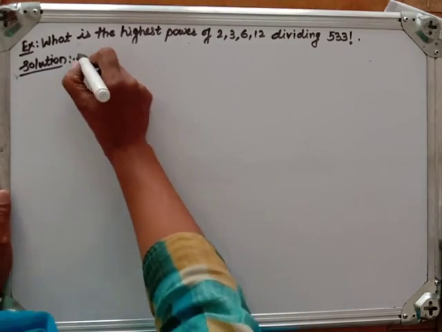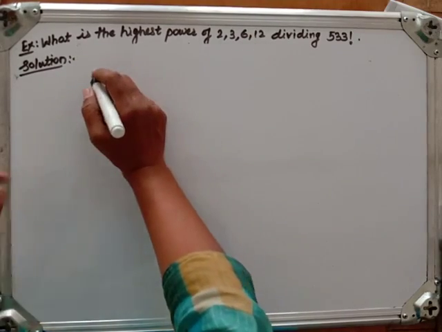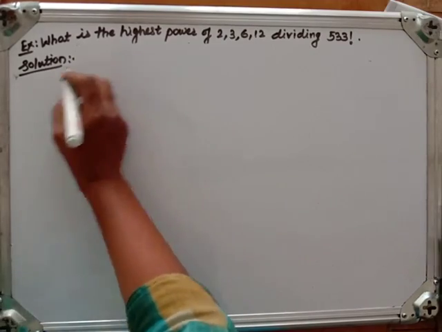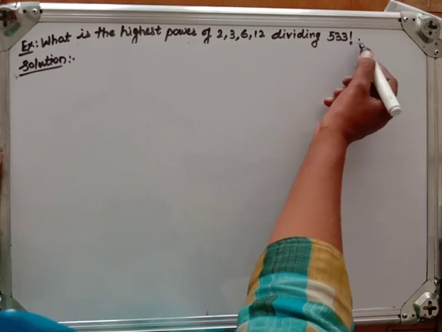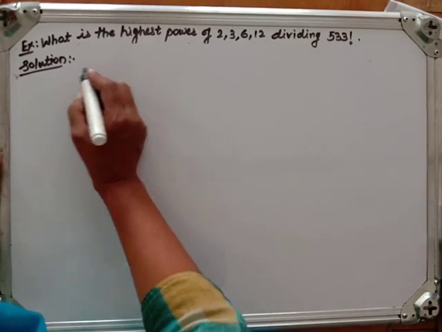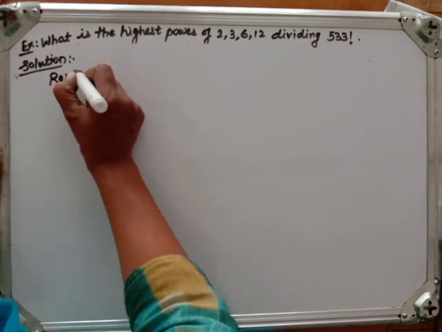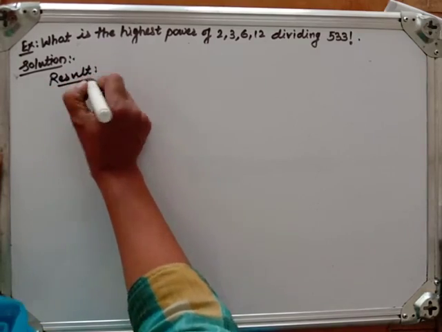Now next, let's do for 6. But 6 is not a prime, so before going towards finding the highest power of 6 dividing 533 factorial, let's write one result. Let's write it down as a note.